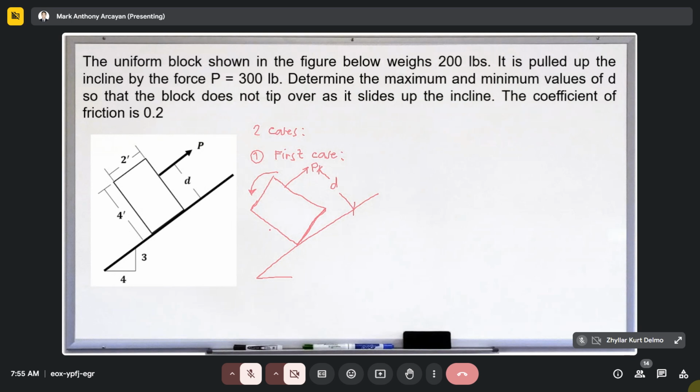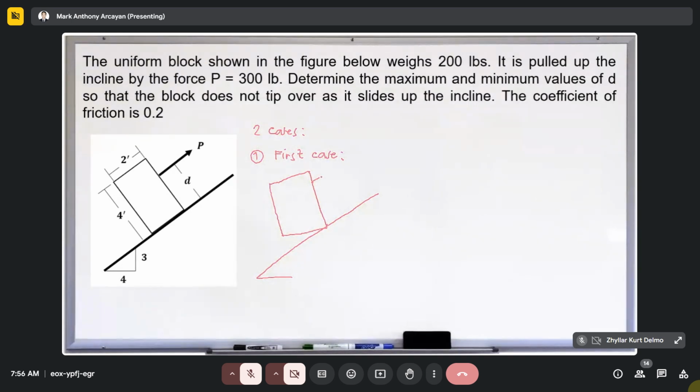Wait, sorry. If P is higher, it will not be counterclockwise but rather clockwise. Let's draw it again.